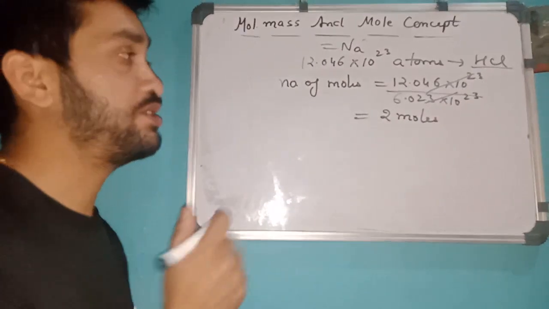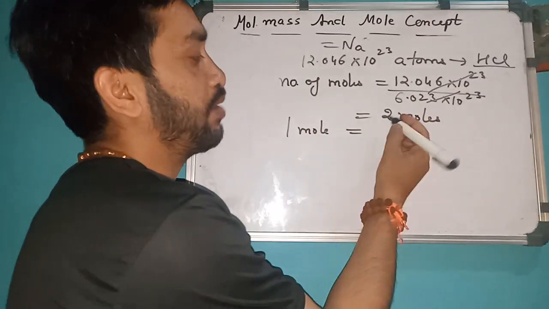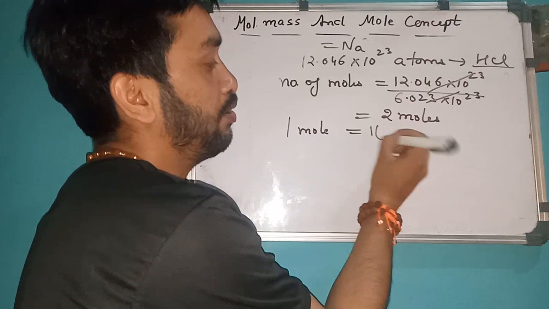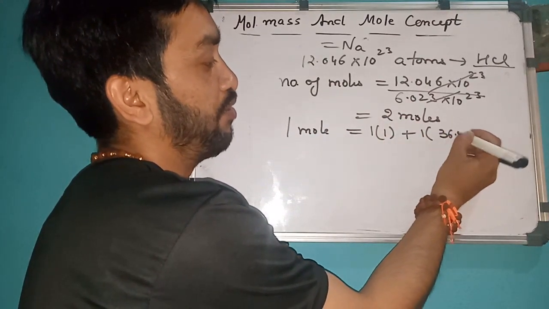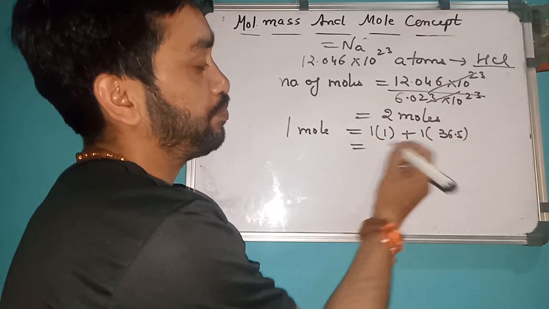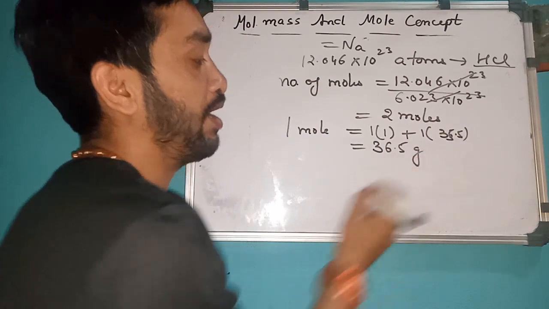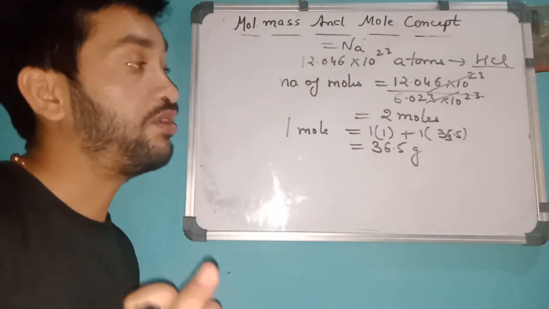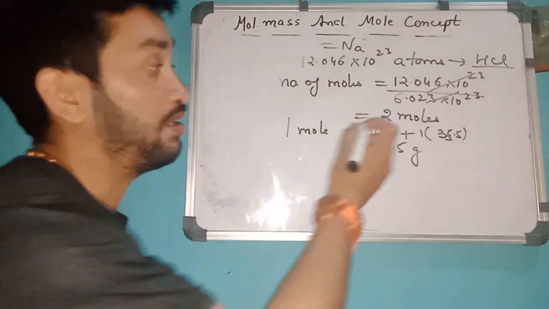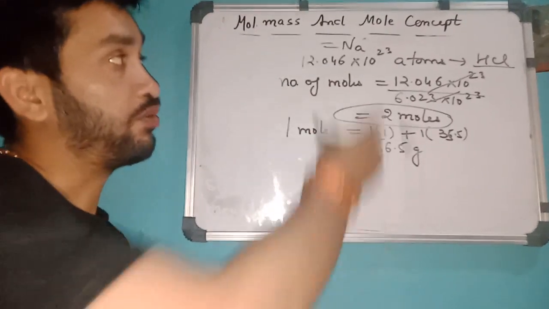So what you have to do is, for 1 mole of HCl, calculate its weight as we have already calculated, but still I am calculating here. 1 into 1 for hydrogen, 1 into Cl, that is 35.5 for chlorine. How much did we get? 36.5 gram. Now remember that this is the weight for 1 mole. But we calculated 2 moles from the calculation.